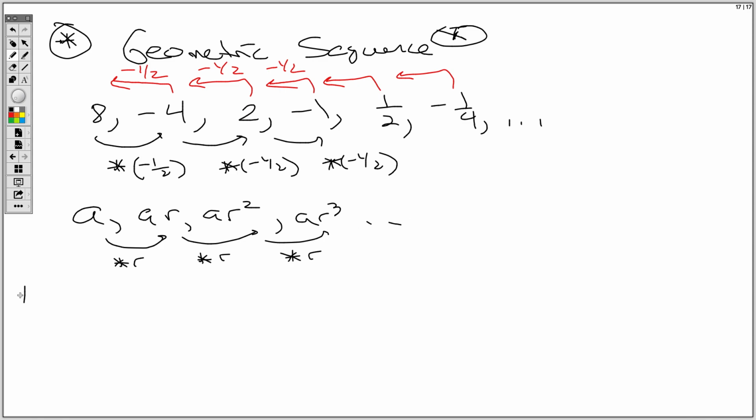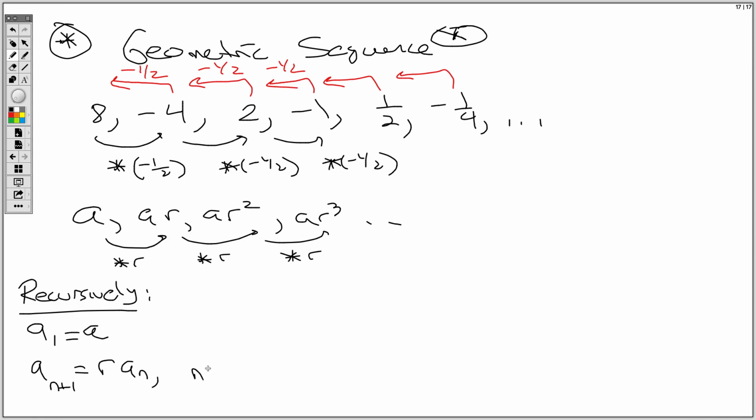So recursively, a sub 1 is some number a, and the next number, a sub n plus 1, is r times a sub n. You multiply by r.